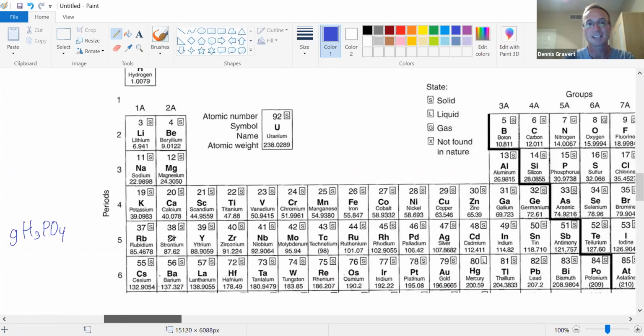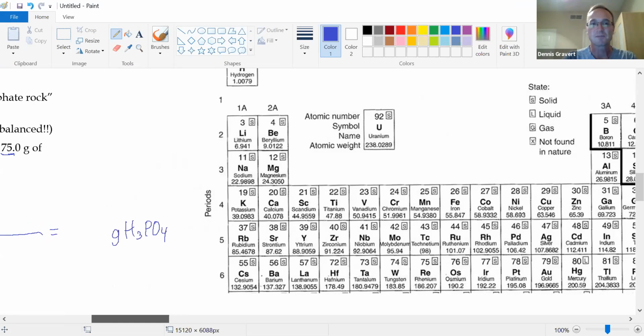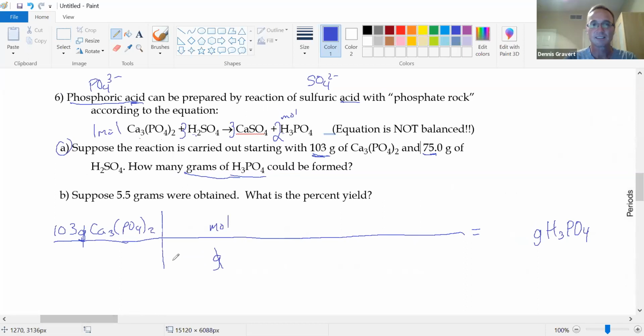Bounce over here to the periodic table. Calcium weighs 40 and a little bit more. Phosphorus is 30.9738. Oxygen is 15.994. Add those up. And what I got was 310 grams and 18, so I rounded off, grams for every 1 mole of this molecule.